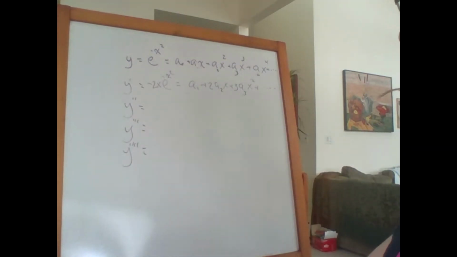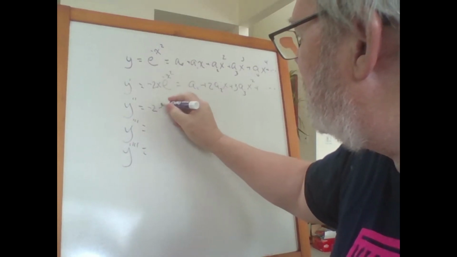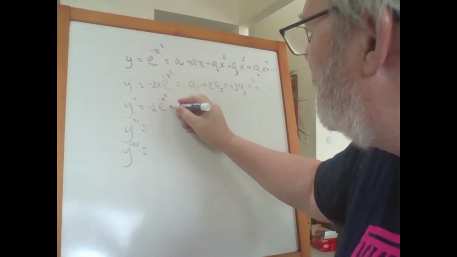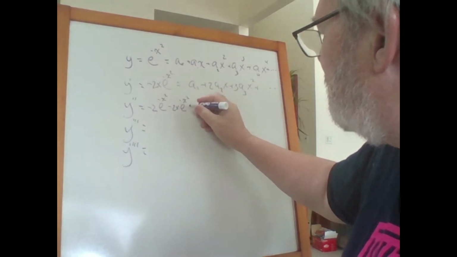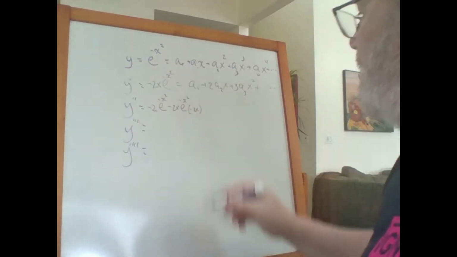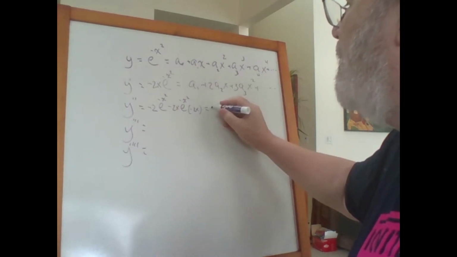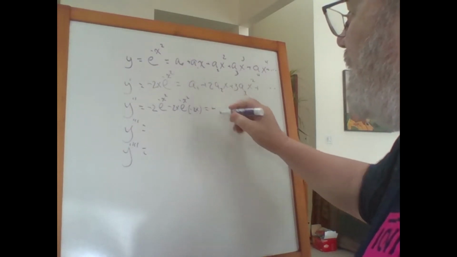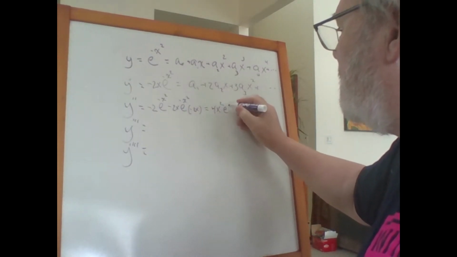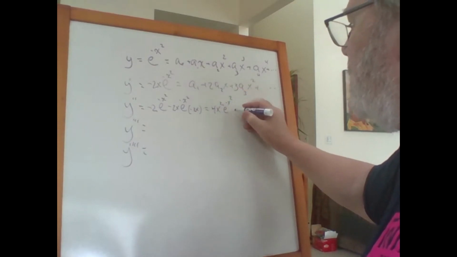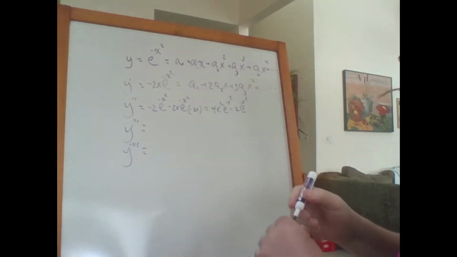This one would be minus 2 e to the minus x squared minus 2x e to the minus x squared times minus 2x, which is equal to 4x squared e to the minus x squared minus 2e to the minus x squared.